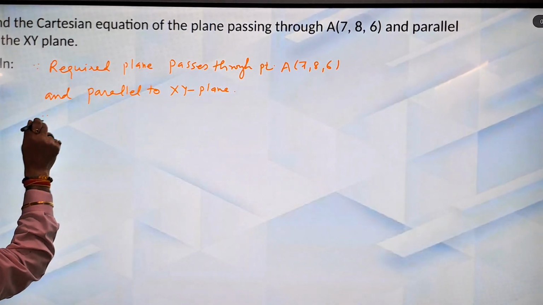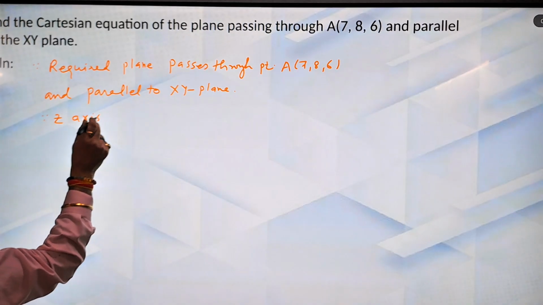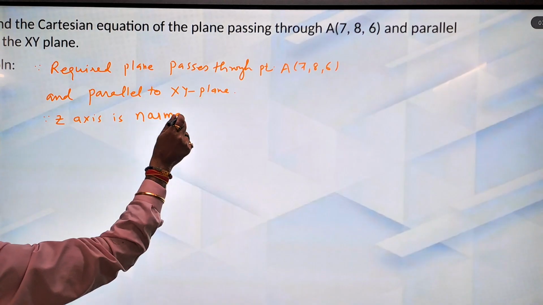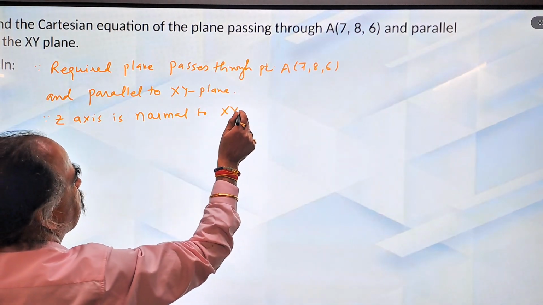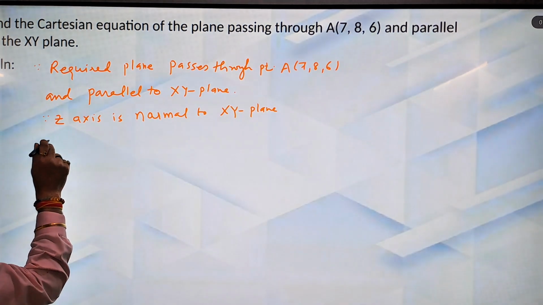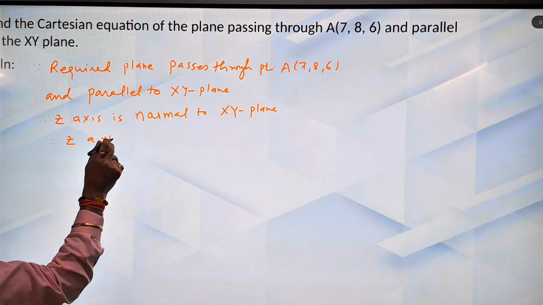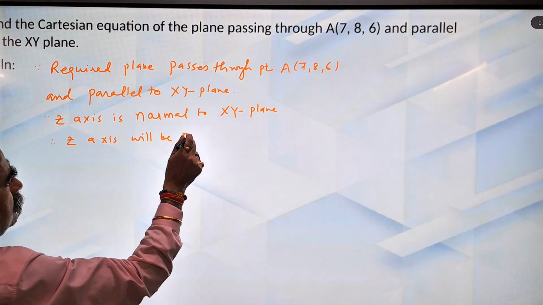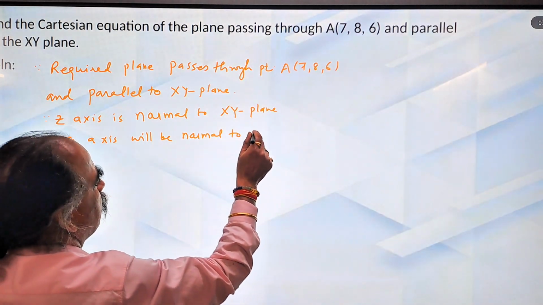Since z-axis is normal to xy plane, therefore z-axis will be normal to required plane.